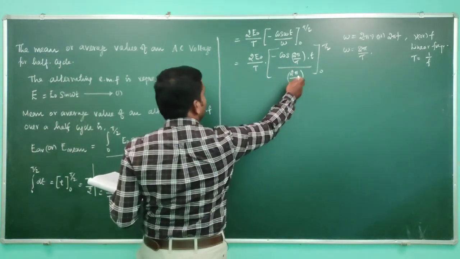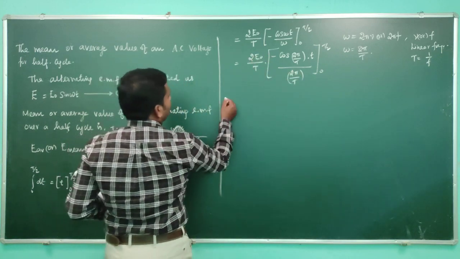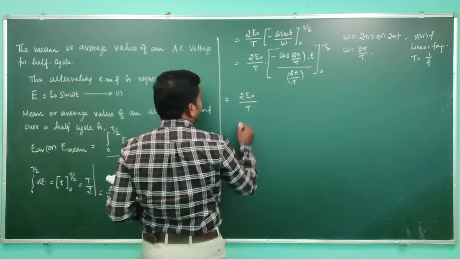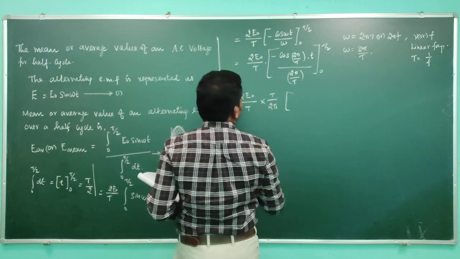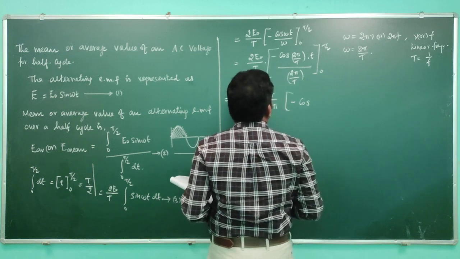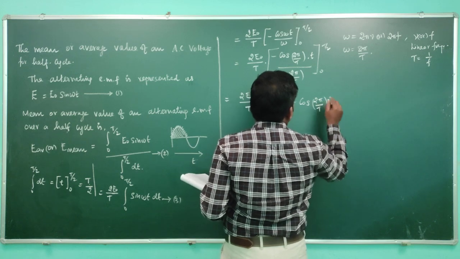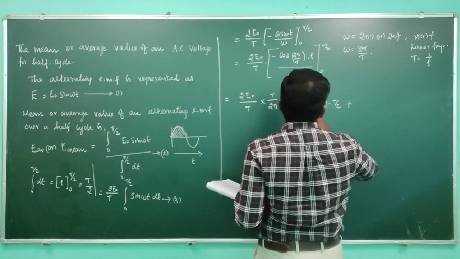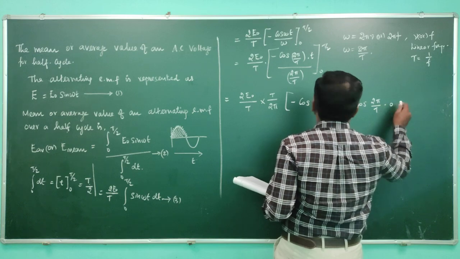Now we can bring the term in the denominator to the numerator, so that this becomes 2 E naught by T multiplied by T by 2 pi, and this side minus cos, let me apply the limits, 2 pi by T multiplied by T by 2, minus of minus plus cos of 2 pi by T multiplied by 0.